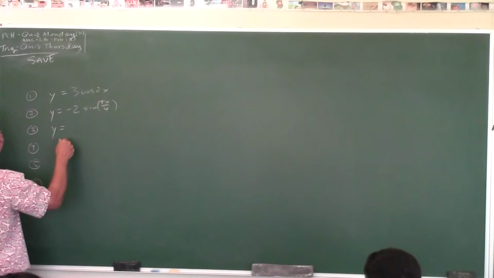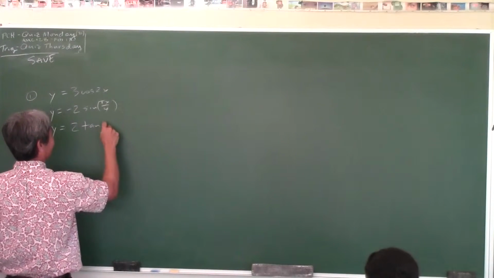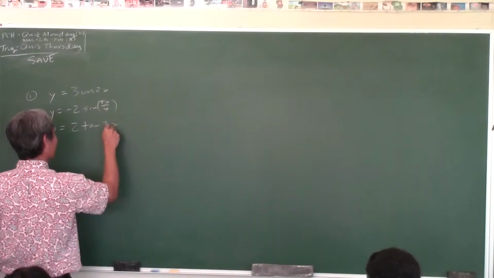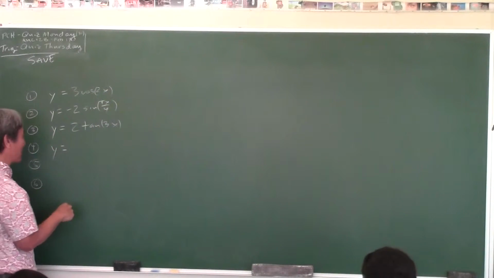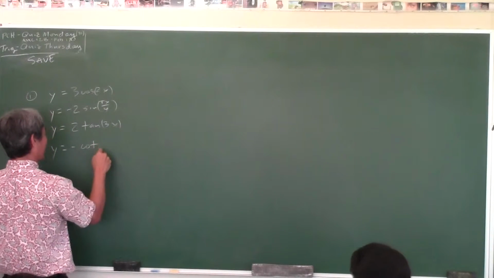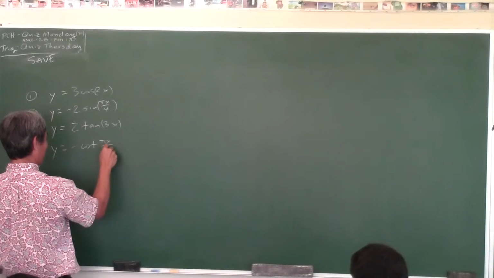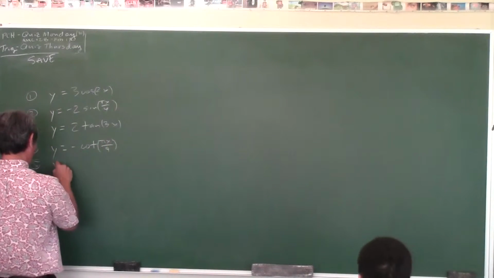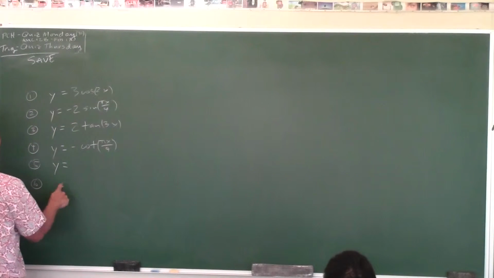Y equals 2 tangent, give me something here, 3x, I guess we should put it in parentheses. Now we need a cotangent graph. How about negative 1 cotangent pi x over, give me a number. 4. 6. 4, okay. It doesn't matter. Okay, now I'm trying to think.